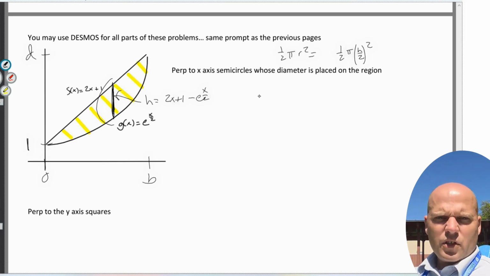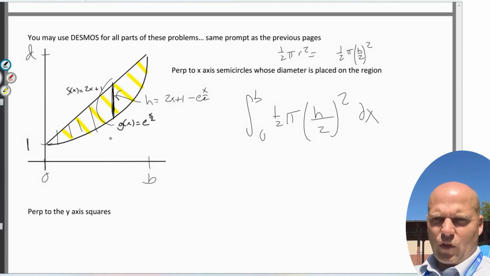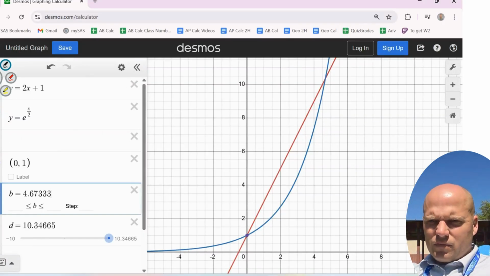So, semicircles, I need to sum up from 0 to B. My 1/2 pi r squared, my r is h over 2. There's h times their skinny width. Don't forget, this small width of this rectangle is a small x distance. It's like nothing.